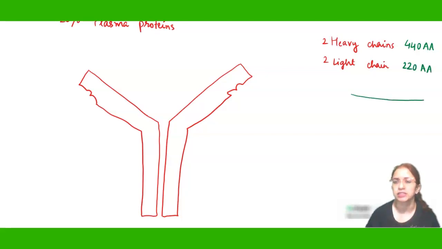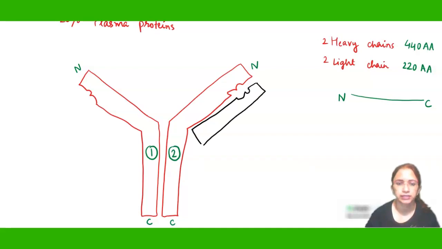Whenever we write any polypeptide, we write it from N to C terminal. So if this is our heavy chain, then this is our N to C terminal. You can see that there is one heavy chain here and the second heavy chain here. Now we will quickly make the light chain. As it contains fewer amino acids, of course it will be shorter than the heavy chain.